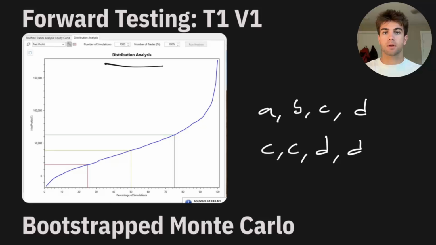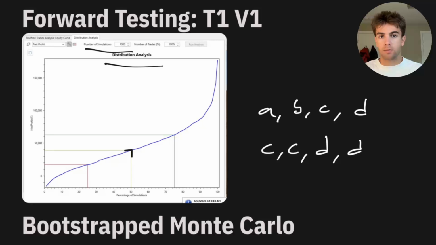Given that, it produces a CDF graph, which, again, I'm able to take my knowledge from stats and apply here, which is interesting. Here, if we look at the 50th percentile, so 50% of the iterations of the 1,000 trials in this distribution analysis would have a net profit lower than this number, and 50% would be higher.